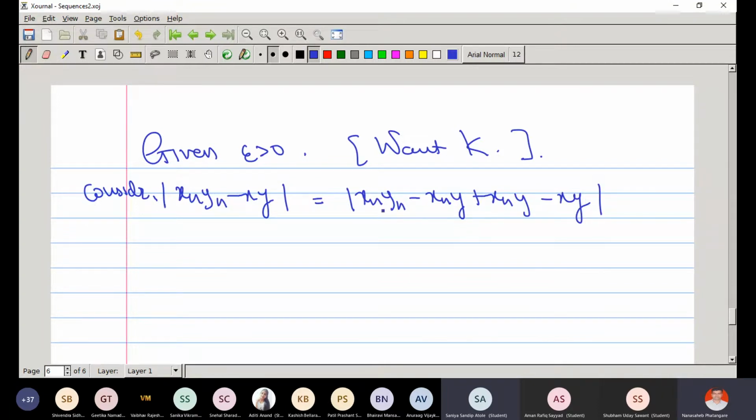Which xn am I adding? Xn into y, some term corresponding to xn. So let us simplify this.